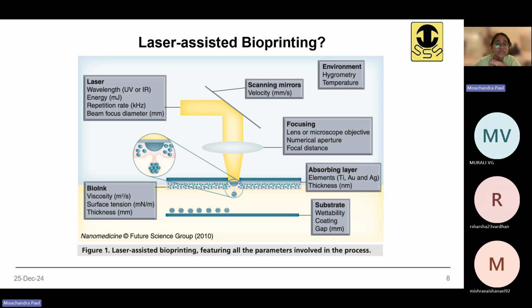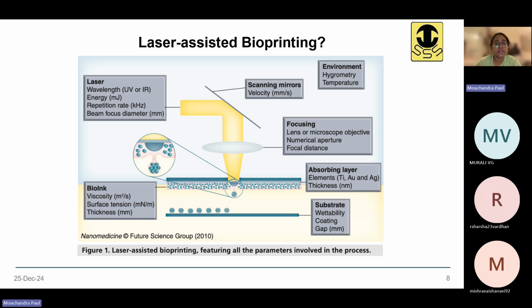And if we are using a very high power laser, then even if the aperture size is quite small, you can expect the resulting laser falling on the substrate to have sufficient energy for vapor bubble expansion and then jet formation. But you should take care of these two together: the focusing capability and the laser energy should be controlled together to make sure that you cross the minimum threshold energy value.